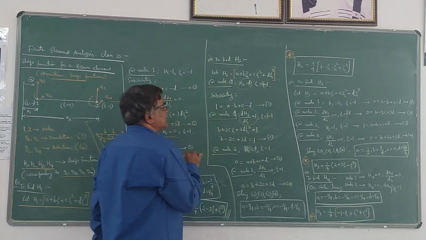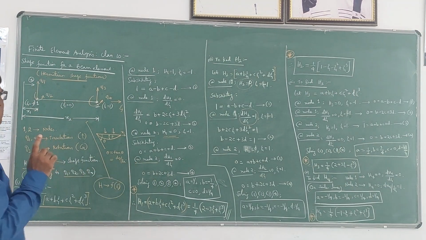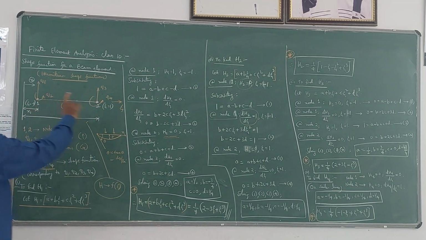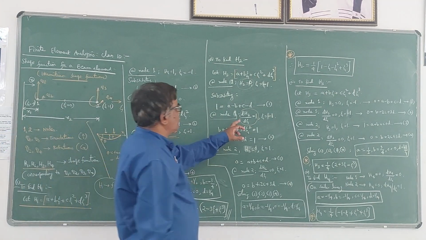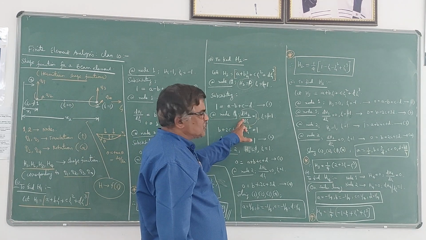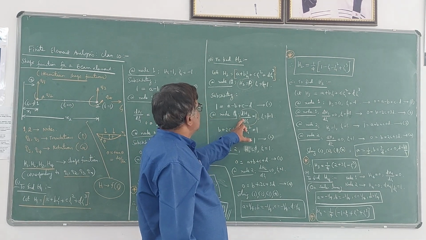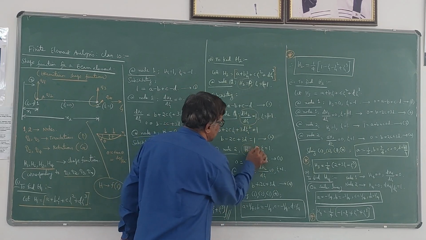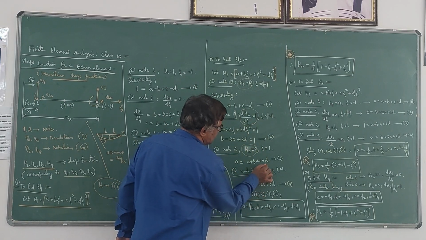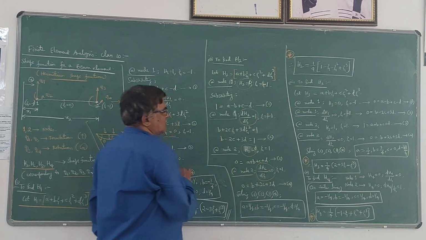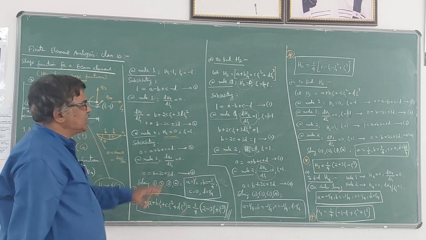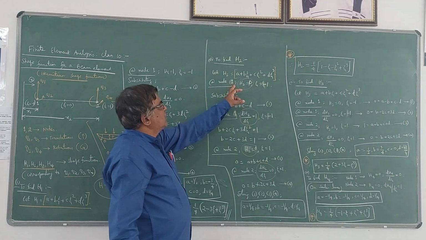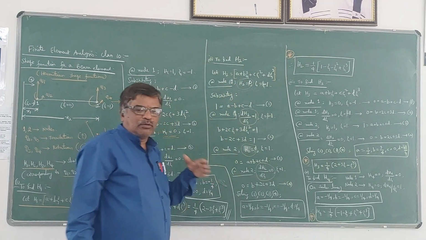That is dh2 by d zeta is equal to 1. Because this is the slope, it refers to the rotation aspect. So only this will be 1. All the others are 0. This is how you have to remember. So this becomes 0, and of course zeta value at node 1 it will be minus 1, at node 2 it will be plus 1.